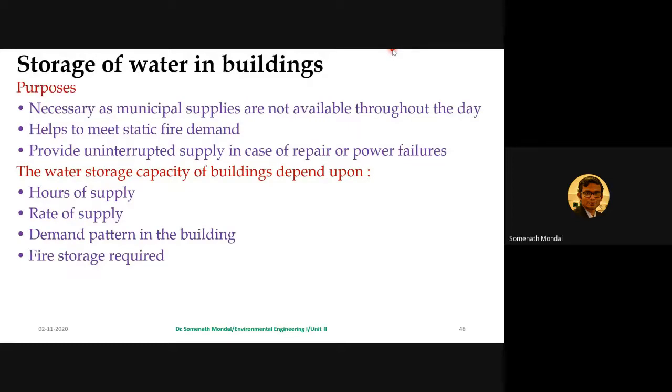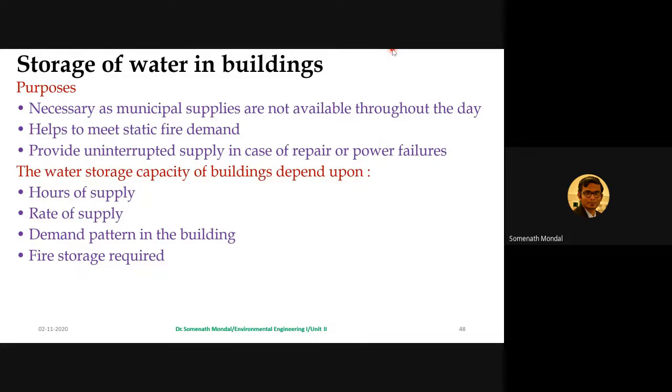Maybe in the meantime the maintenance work is done. So though there is a chance of interrupted supply, we are unable to notice it since we have a storage attachment in the building. This is another purpose of putting them.